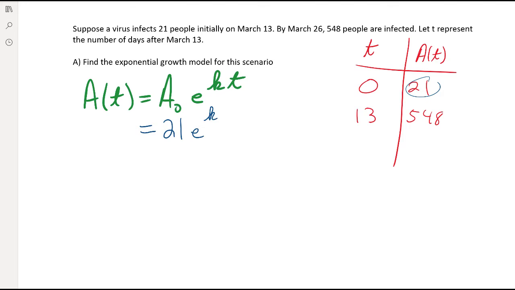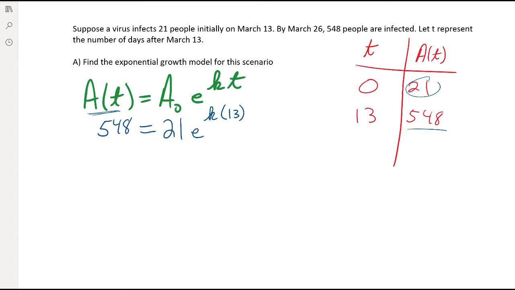Times k, we do not know the growth rate of this function right now. We're going to solve for it. And then times t, and then we also have to fill in A of t. A of t represents the number of people that are sick after some time t. Well, there were 548 people that became sick, so we put that on the left-hand side here, after 13 days. So we're going to plug in 13 for t.